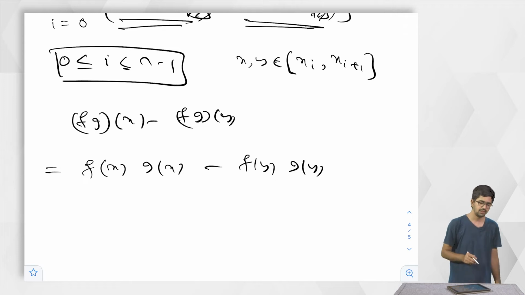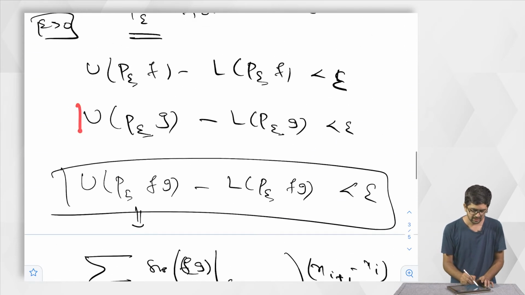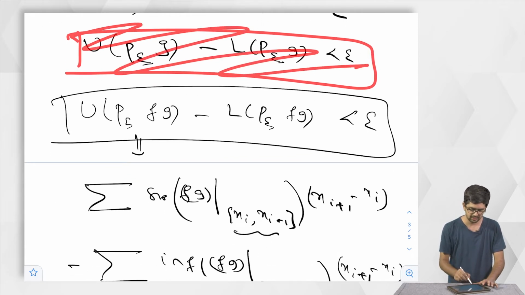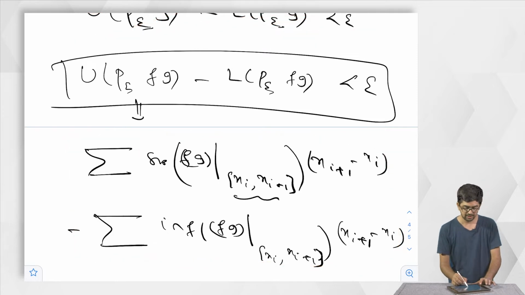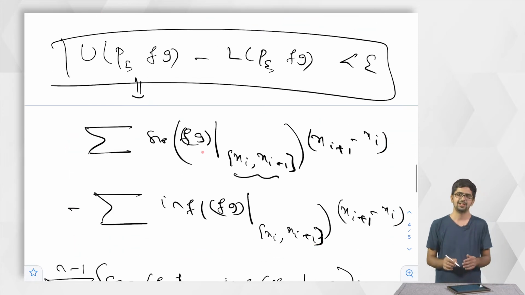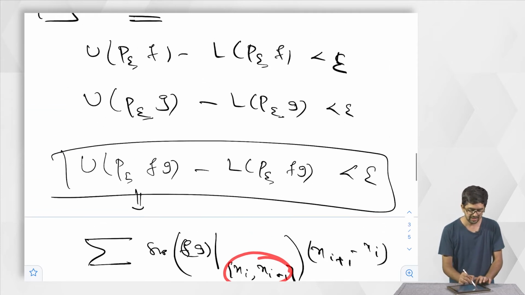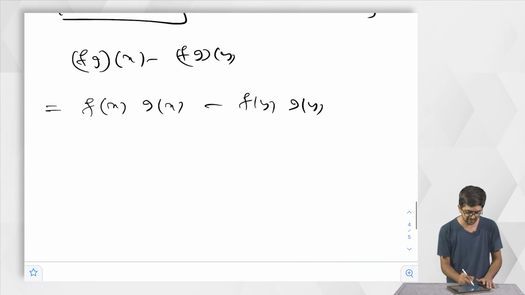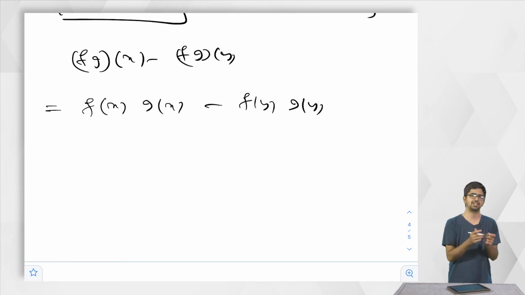The problem is that the condition we know about g is just this. If you are trying to relate this with this, what we have is g(x) minus g(y) for two elements x, y in this interval. This condition gives some idea about g(x) minus g(y), but here we do not have that choice. So we use the same trick that we have done before.